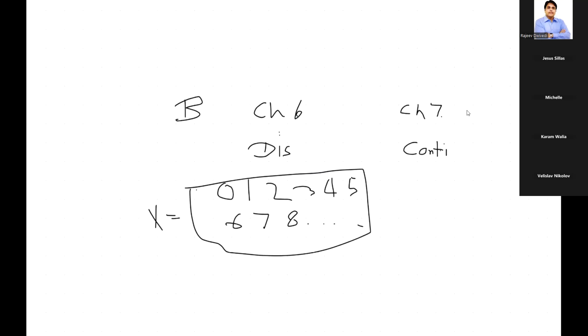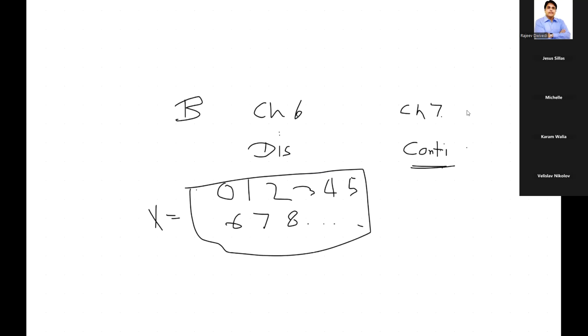Continuous can be in decimal also. For example, the average age of the class is 28.5 years. Okay, that's fine. Average weight of something, in decimal. Average distance is this. So any value that also has a decimal value is continuous, meaning any value is possible.